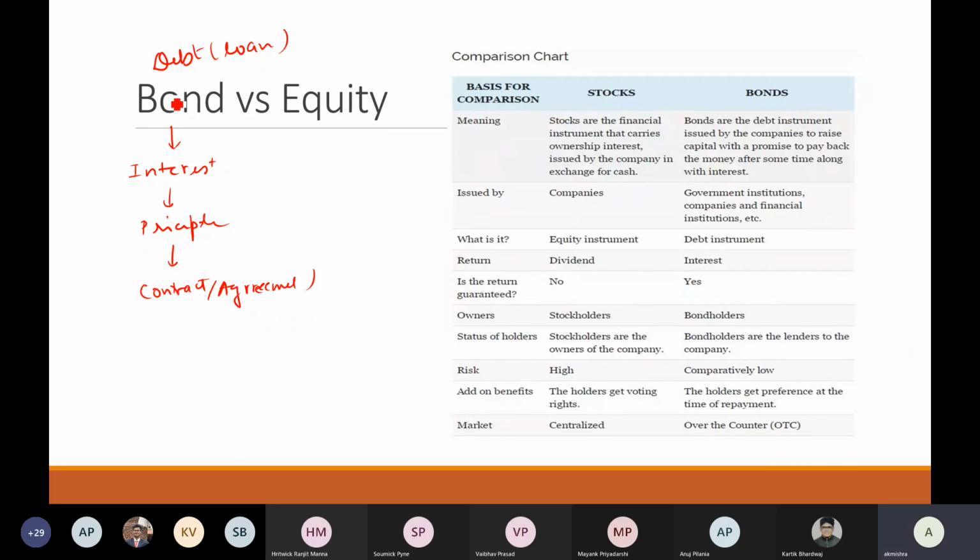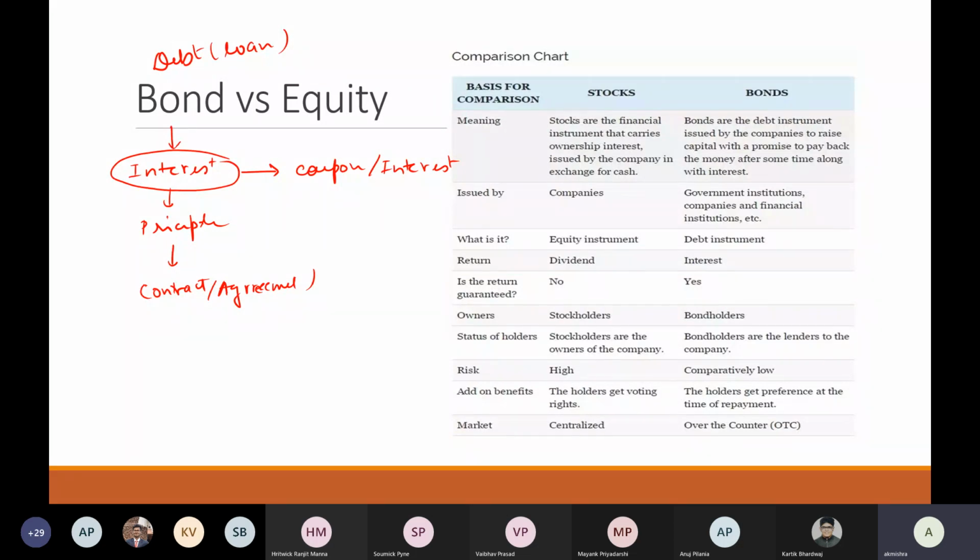Since this is a debt instrument, there will be interest payment to be paid by the company to the bondholder. As a bondholder you will get a certain coupon, which we sometimes also call interest. Remember, in case of equity you are a shareholder, and if dividend is paid, you enjoy regular cash inflow from your investment.